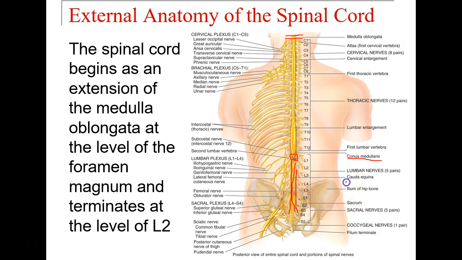This group of nerve roots are known as the cauda equina, or horse tail. From there, anchoring the spinal cord will be the meninges, mostly the pia mater, anchoring on the coccyx. This is known as the filum terminale.